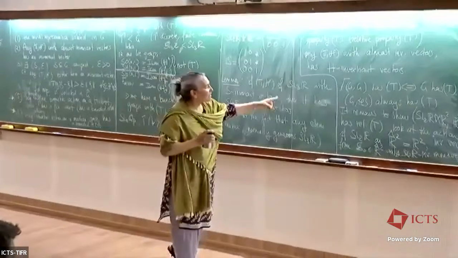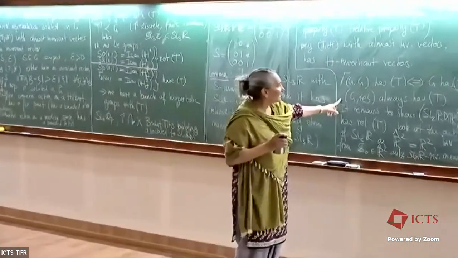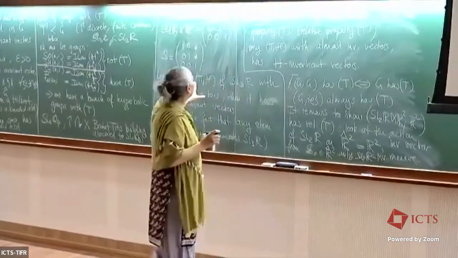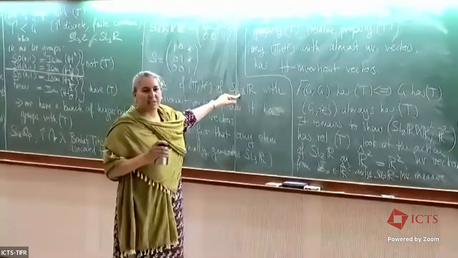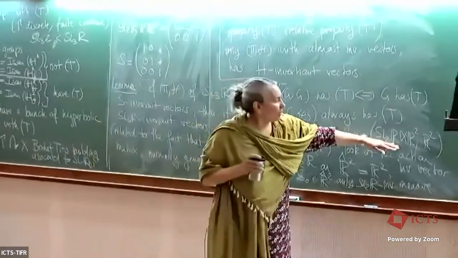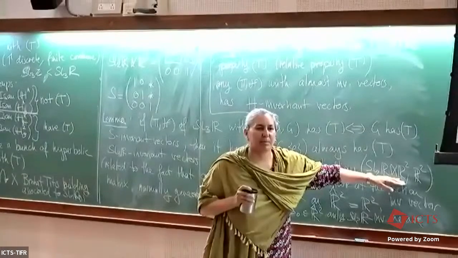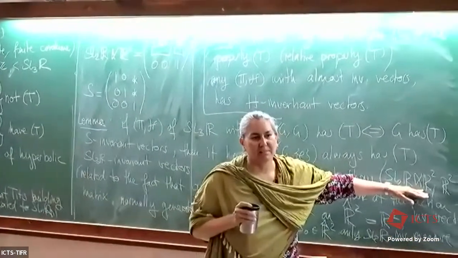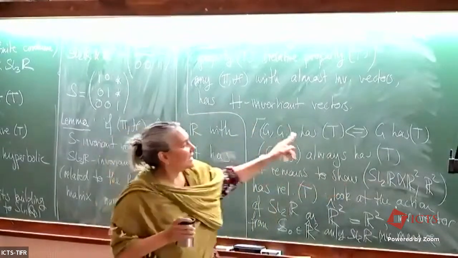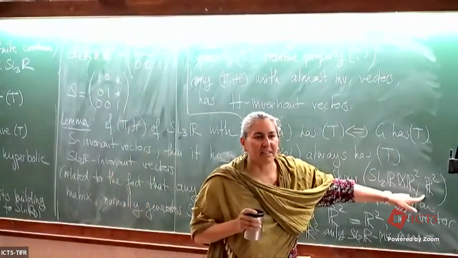So if you have relative property T, then what do you do? You take an almost invariant SL3 invariant vector. It's going to be almost SL2R semi-direct product R2 invariant as well, because this is a subgroup. And because of relative property T, it's going to be R2 invariant.